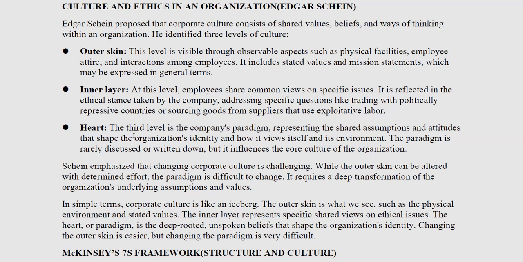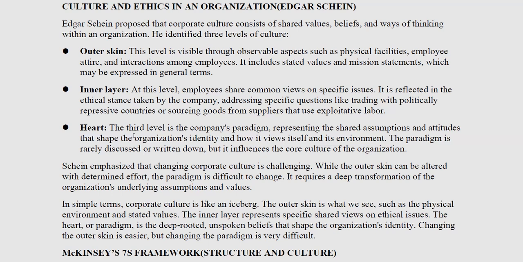Also, Schein emphasized that changing corporate culture is challenging. While the outer skin can be altered with determined effort, the paradigm is difficult to change as everything centers around what? The paradigm. It requires a deep transformation of the organization's underlying assumptions and values. So in simple terms, corporate culture is like an iceberg, okay? The outer skin is what we see as the physical environment and stated values.